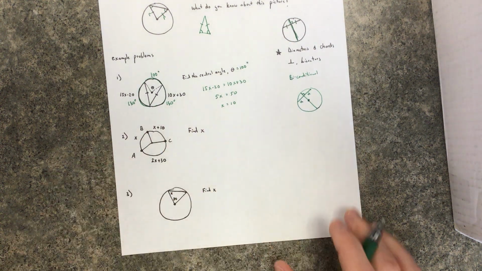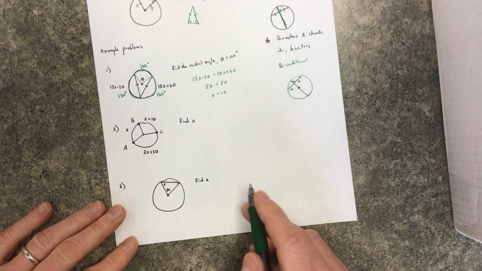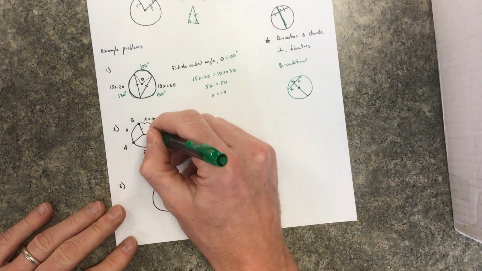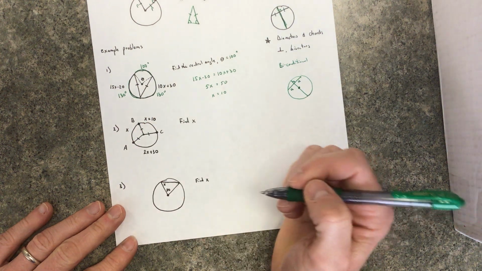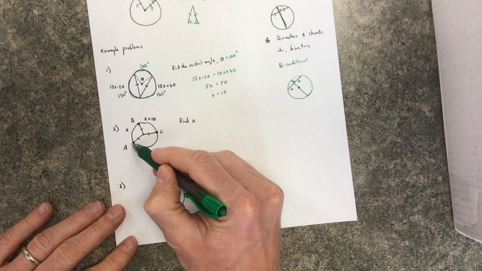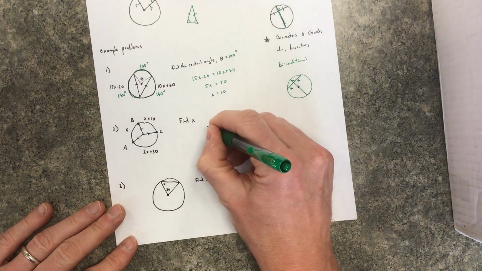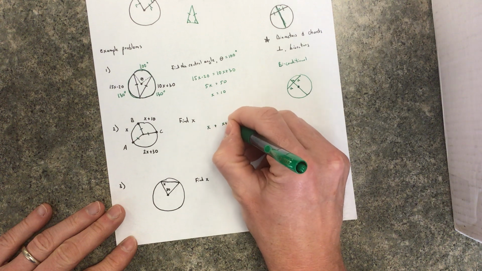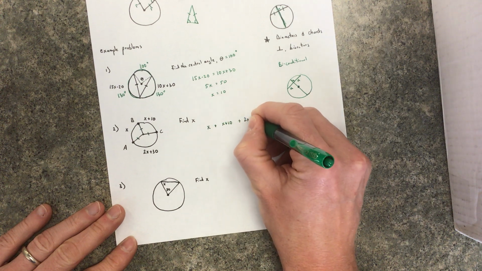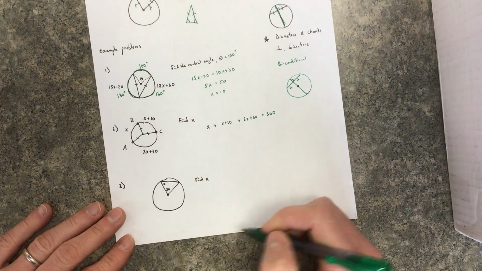So it's kind of how everything filters together. This one, you're like, all right, I don't really know any. All of these are congruent, but I'm not really sure how that's important. But look, this arc plus this arc plus this arc, I'm going all the way around. So if I take that arc plus that arc plus that arc, I know they have to equal 360 because I'm going all the way around the circle.